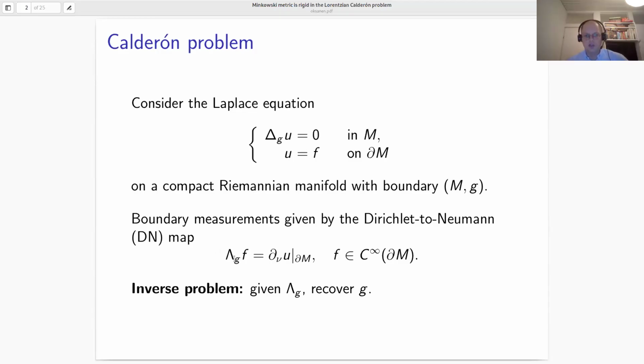Then the Dirichlet-Neumann map is defined by taking f to the corresponding normal derivative on the boundary. The classical Calderón problem is then to find the geometry, or the Riemannian metric tensor g, given the Dirichlet-Neumann map lambda.